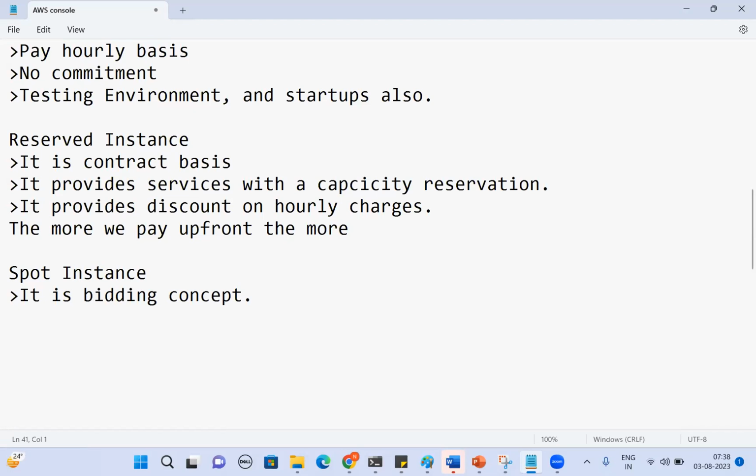That is the one drawback here. It is a pay as you go model, so you are paying for that time. As soon as the tenure is completed, you have to bid again and create an instance again. So this is what the spot instance does.